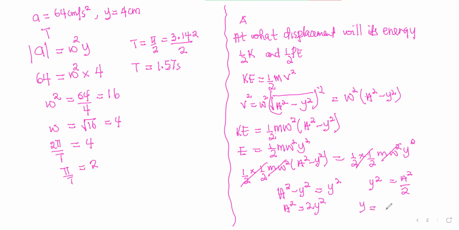Y therefore would be equal to the square root of a squared over 2, which is a over root of 2. This can also be expressed as 0.707 times the amplitude. So I think all those of you who sent your answers are spot on. In fact, it is a very good thing you are doing. You are actually applying.